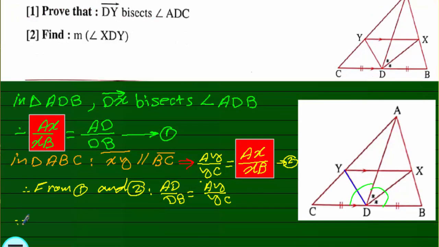But since D is the midpoint of CB, then you can say that DC equals DB.